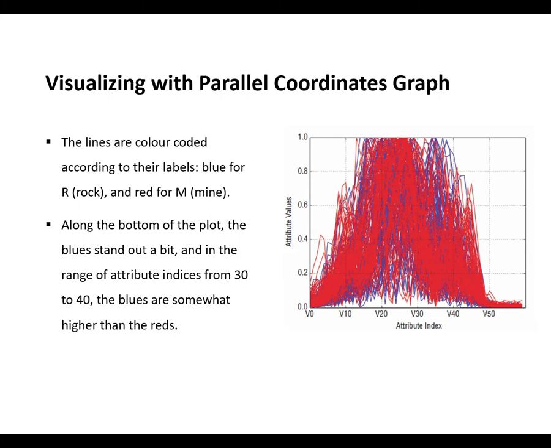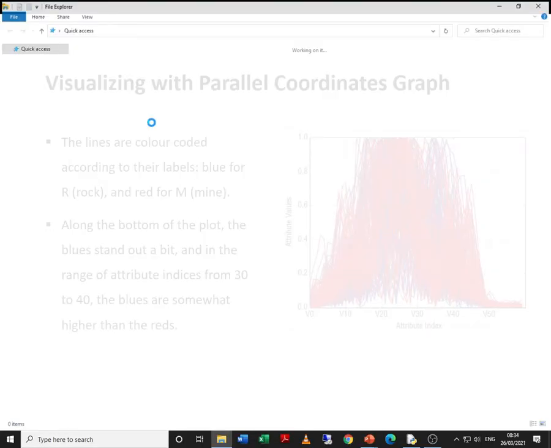Now, one of the things that we studied last time is the parallel coordinates plot for the rock versus mine data set. Remember, just try to recollect, the case study we are taking is of the rock and mine data set. Let me brief you a bit.